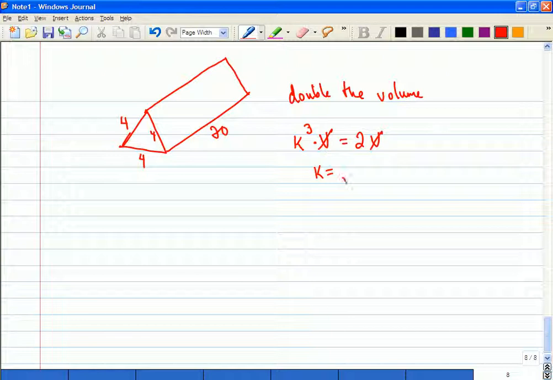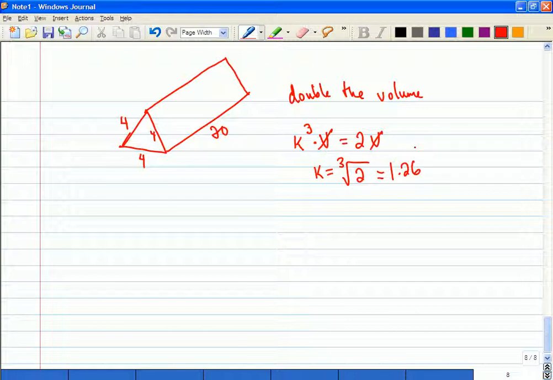So instead of cubing it, I'm going to cube root it to undo that. And again, I'm trying to show you the shortcut here. I'll do the long way probably at the break after the bell has gone. But in this way, I get the adjustment quite quickly. Okay, so what I end up getting here is 1.26.